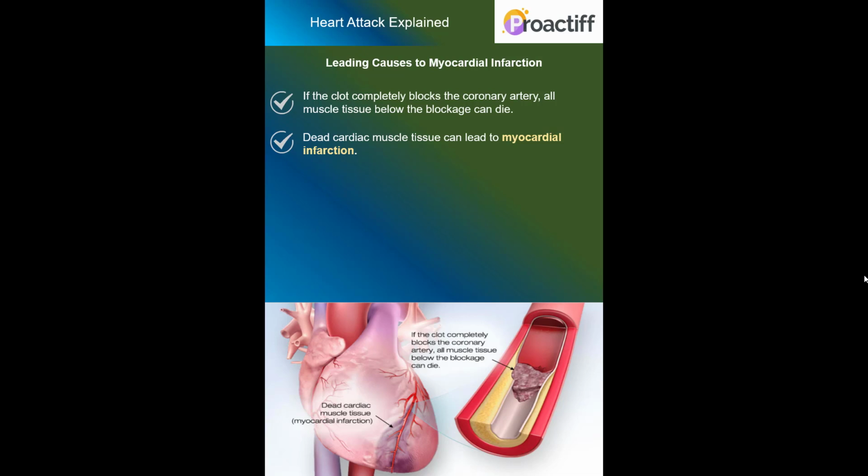And then the dead cardiac muscle tissue can lead to myocardial infarction. As you can see, dead cardiac muscle tissue is the myocardial infarction, and if the clot completely blocks the coronary artery, all the muscle tissue below the blockage can die, and discoloration is the visual sign through which it is detected.